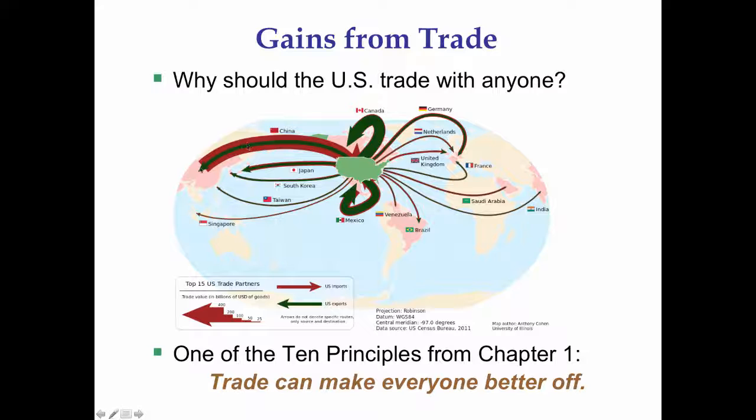You export a large amount of goods to China, but also you import more from China than you export. Japan, you export a lot and import a lot. The UK, you tend to import quite a bit from, so you clearly have these relationships with all these different countries. So the first part of this is to understand why we see trade exist internationally.